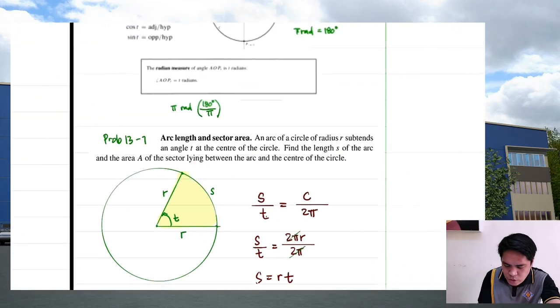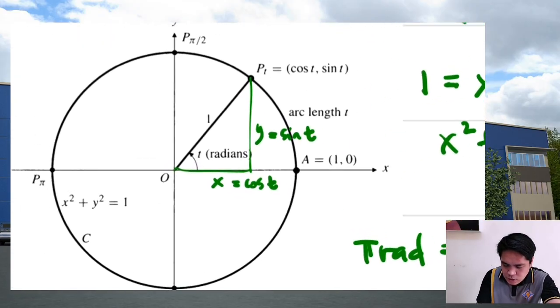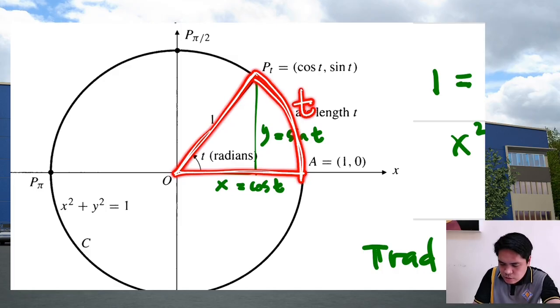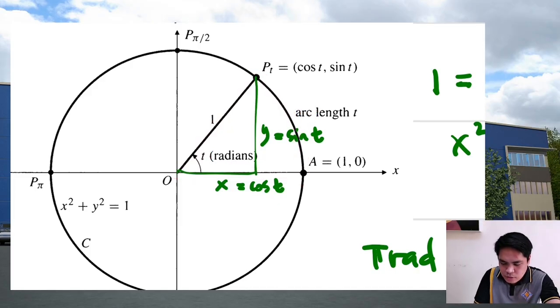So if we have a unit circle wherein r is equal to 1, S is just t, right? Kasi unit circle siya, that is just radius times t, and 1 siya dito.